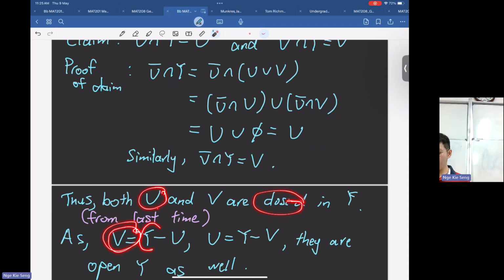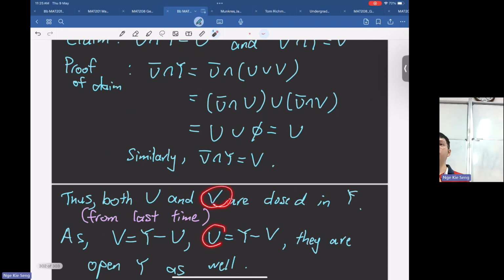Because V is the complement of U. And from V closed, I can deduce U is open, because U is the complement of V. So these two sets are open, and by assumption they are disjoint and non-empty. So this is a disjoint, non-empty, open pair. So this one is a separation.